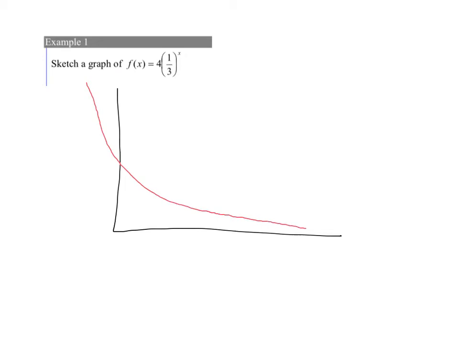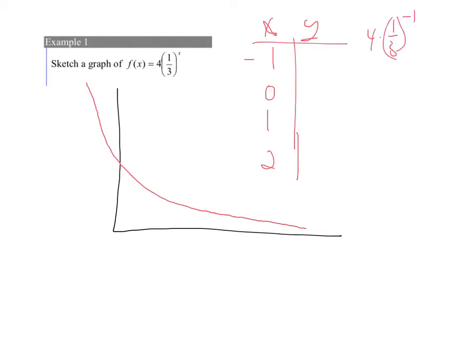We can plot some points for it. So x and y, and x is -1, 0, 1, and 2. So 4 times 1/3 to the -1. Well, the -1 tells me you have to take the reciprocal of the 1/3, make it 3, and that'll be 12.